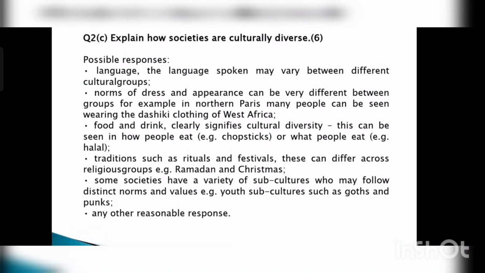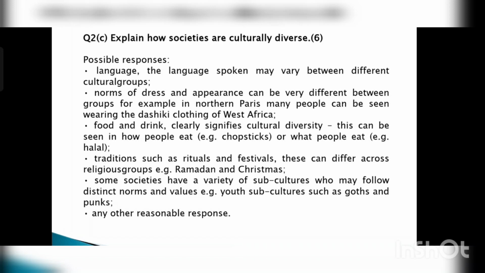Next, we have norms of dress and appearance can be very different between groups. For example, in northern Paris, many people can be seen wearing the clothing of West Africa. So you have different groups that have different senses of dressing and appearance. If you see in Pakistan, Balochis wear a certain kind of dress. Okay? Sindhis have another kind of dressing.